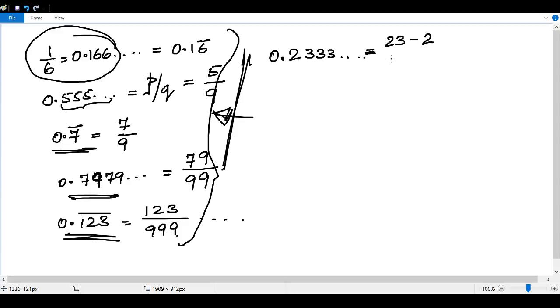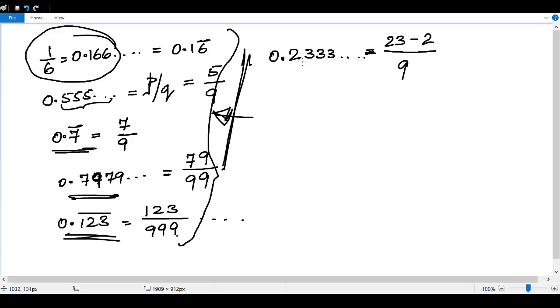This becomes my numerator. In my denominator, I will have 9 based on the number of digits which are repeating.